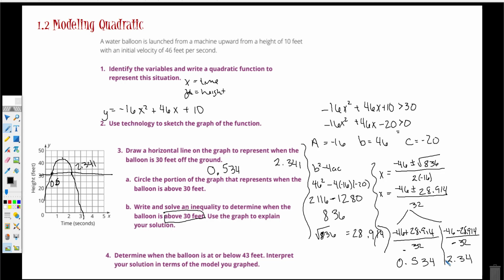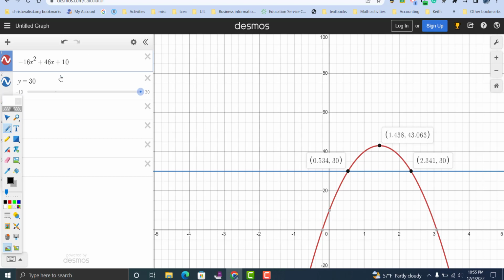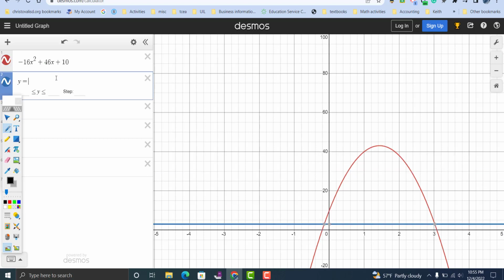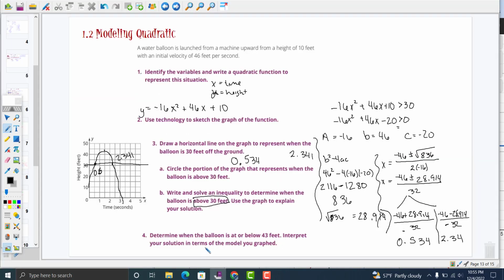And so we're going to do the same idea to determine when it's at or below 43 feet. And let's model it on your graph. So let's look at the graph. And in our graph, that's almost to the vertex. And so you had 1.375 and 1.5.